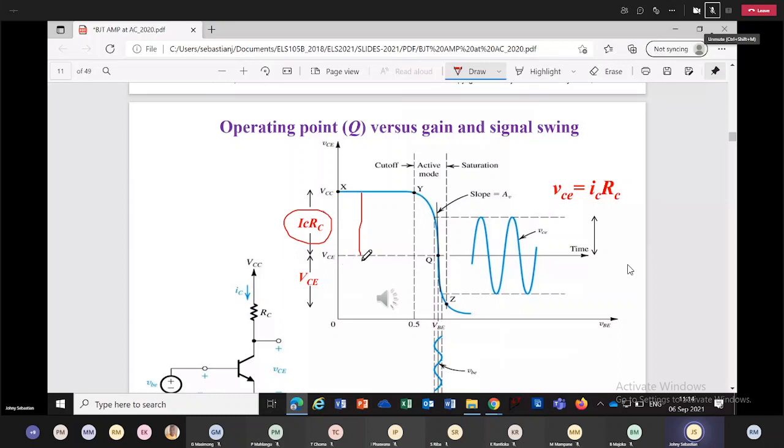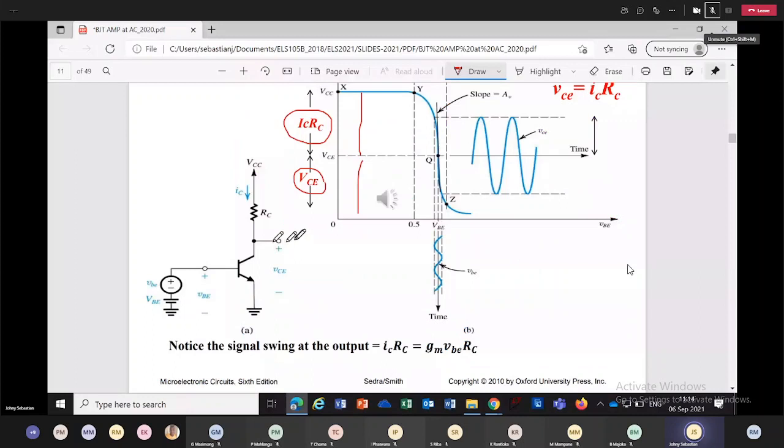Your negative swing is limited by the amount of VCE. So in this BJT, positive swing is this much. Whatever voltage at the collector, all the way up to VCC is your positive swing. Once you reach VCC, then you enter cutoff.